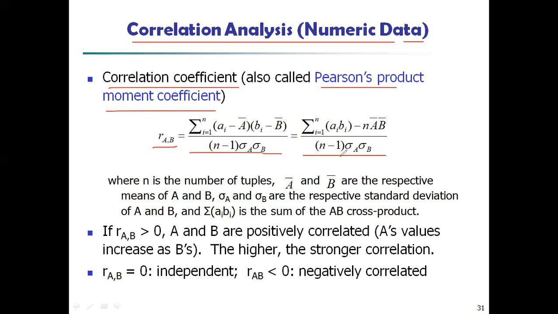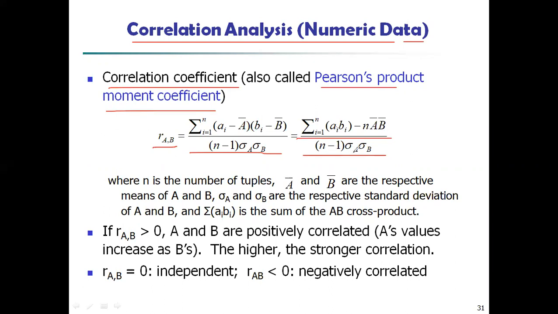So here A and B are the two attribute values, isn't it? It's the sum of i equal to 1 to n of ai into bi, the cross product of a into b values, minus n, the number of attributes, into the mean value of a and the mean value of b, divided by n minus 1 into the standard deviation of a and the standard deviation of b.